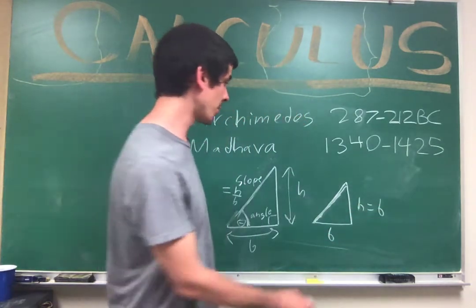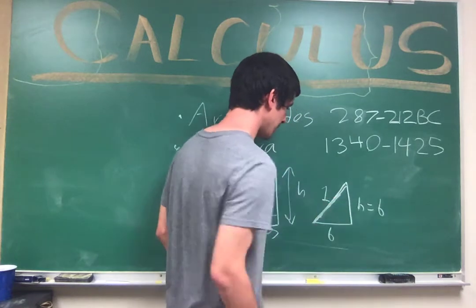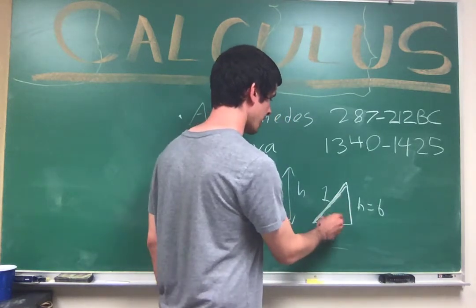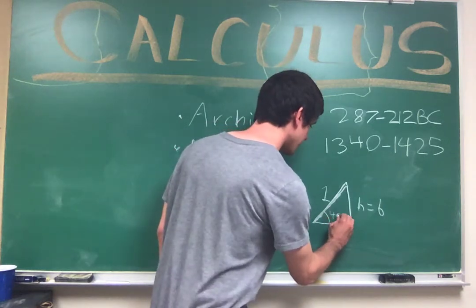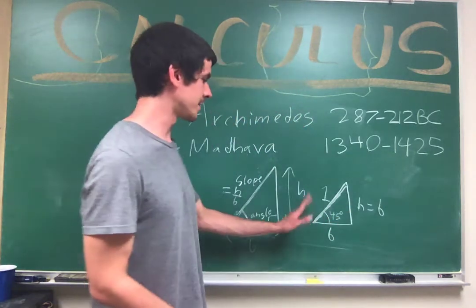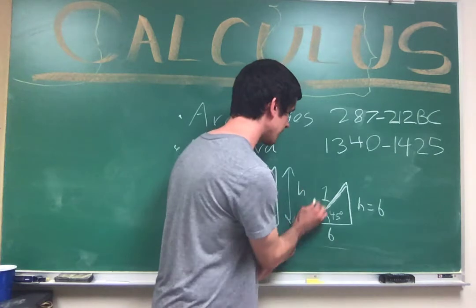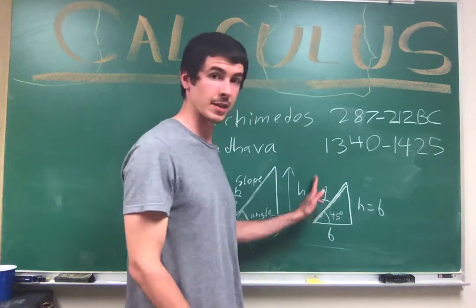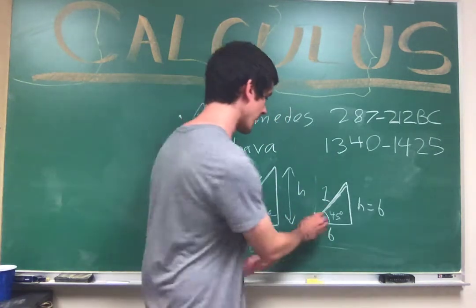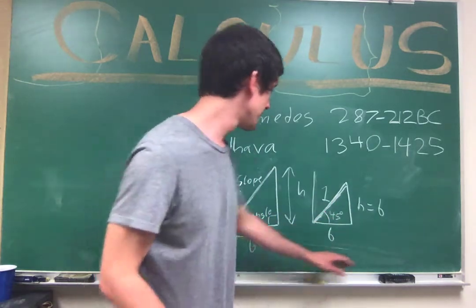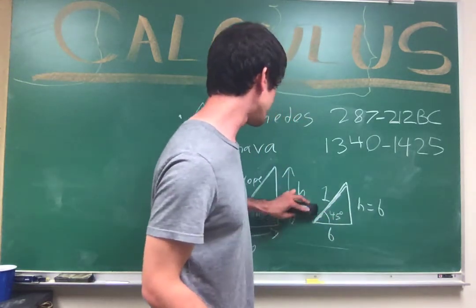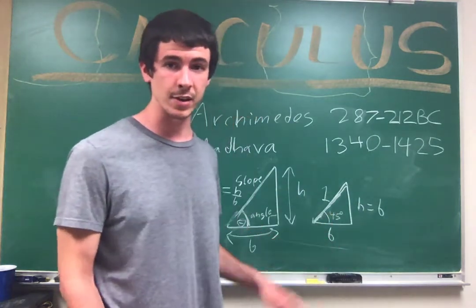Then this slope right here is 1, and the angle is 45 degrees. If you think about it, because this would be 90 degrees, right? If we made this line right here, we would have 90 degrees, and then this is half of that, so it's 45 degrees. So slope 1 corresponds to 45 degrees.